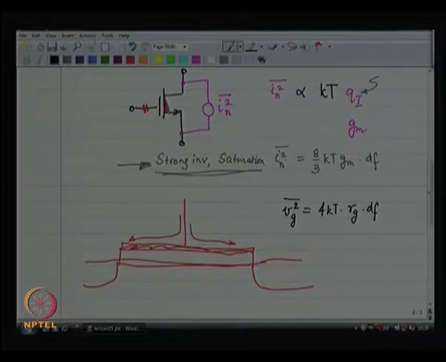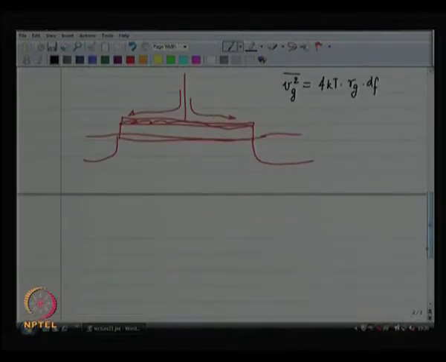Right. Then there is also the substrate. Now, I am putting the body contact over there, but the body contact is really not there, the body contact is somewhere else.